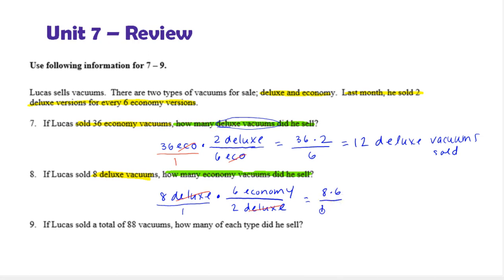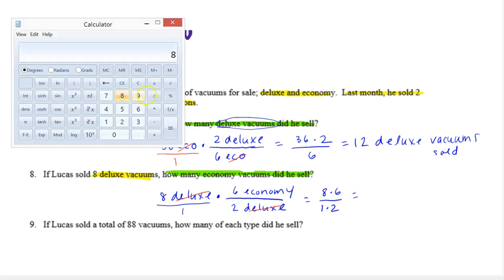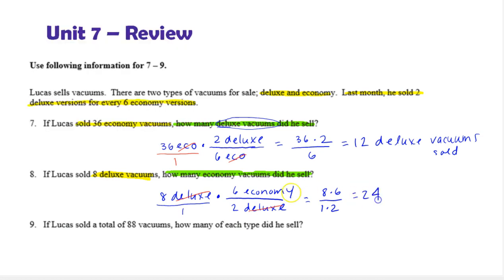In the denominator, we have 1 times 2. Which equals 8 times 6 divided by 2, which is 24 economy vacuums. We have one more.